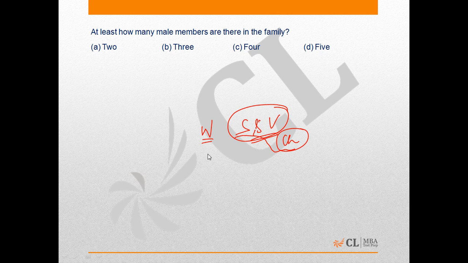So there are at least three members in the family who are male, and these are S, V and W. Hence option B is the correct answer.